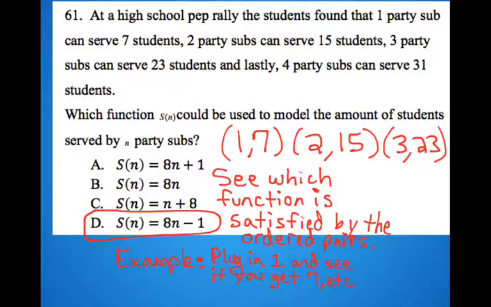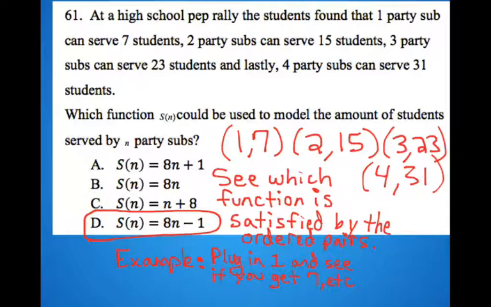For this, I would say try to figure out what your ordered pairs are. You can see your ordered pairs are (1, 7), (2, 15), (3, 23), and of course (4, 31). Then just plug the numbers into each of those functions and see which one actually works.